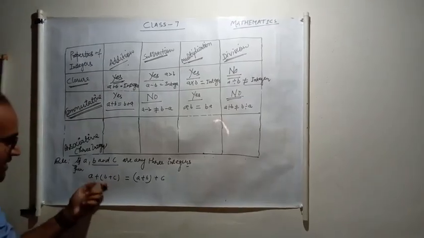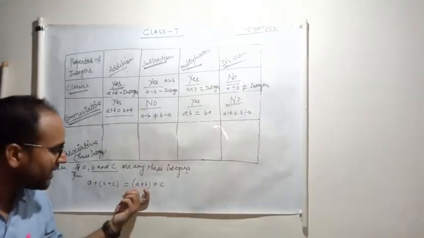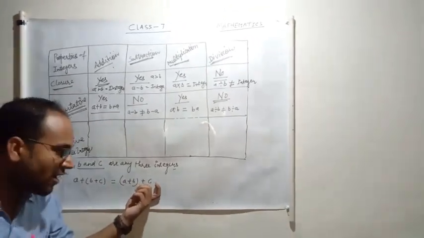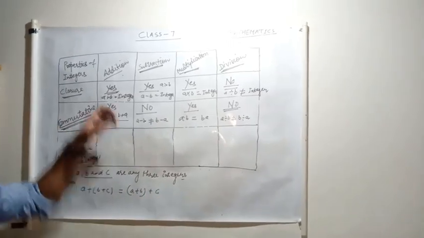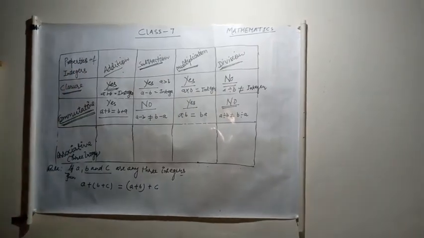If the left side is equal to the right side, then we can say that addition holds for associative.